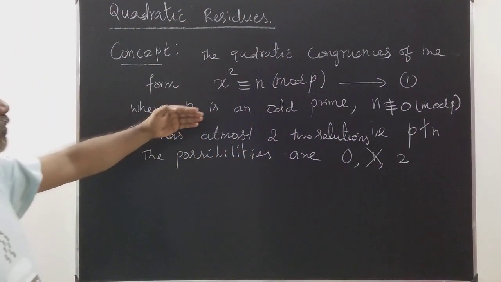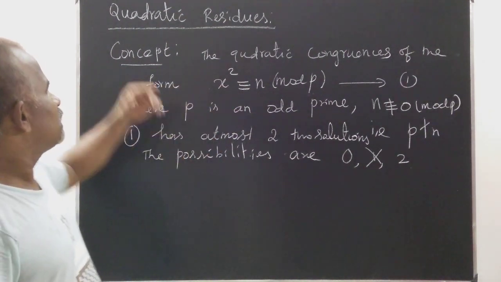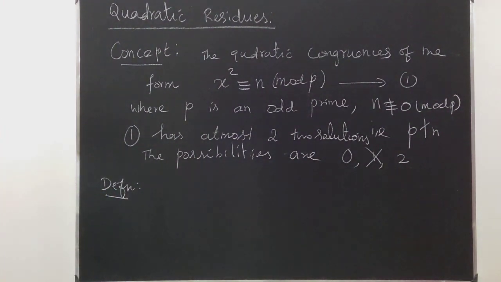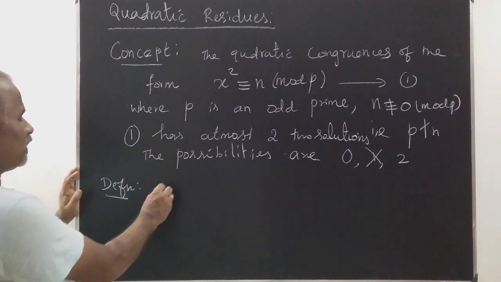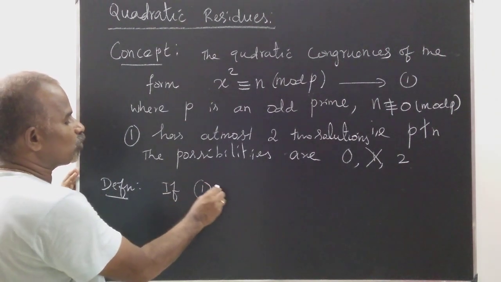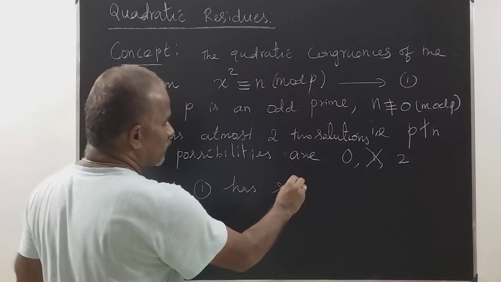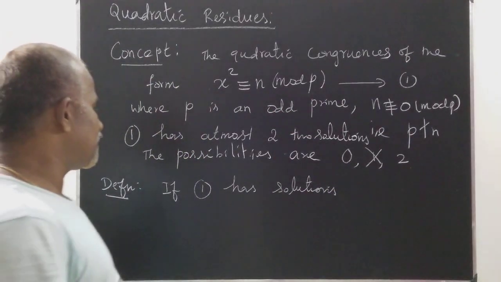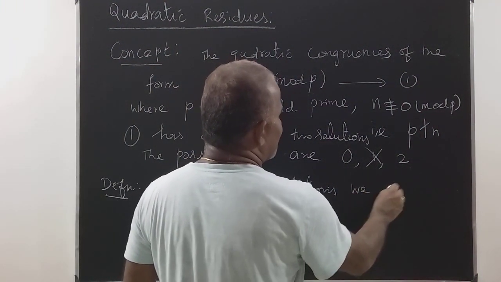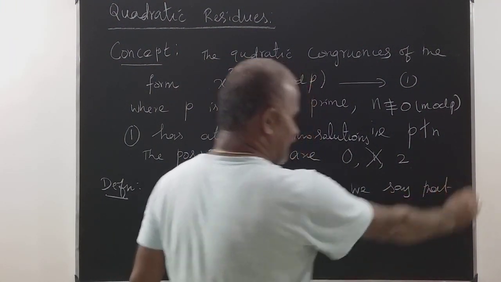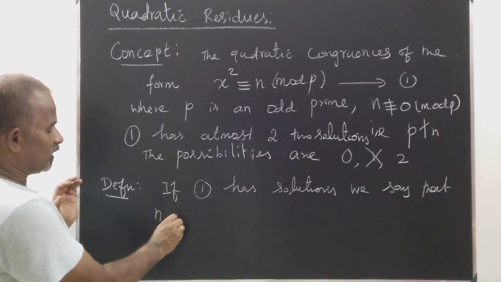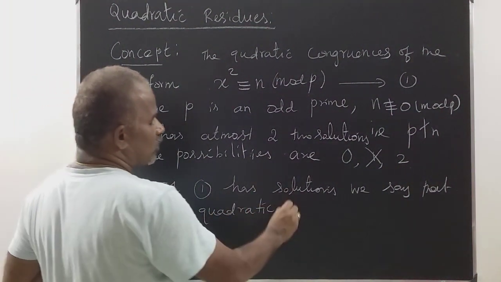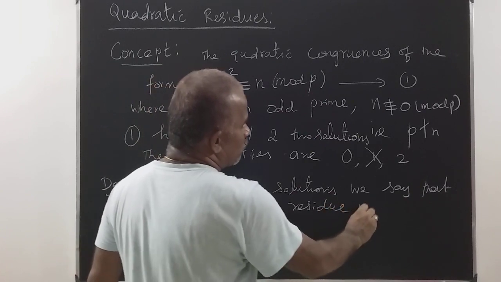Okay, this is the concept. Next, the definition. I am going to give one important definition. If equation 1 has solutions, we say that n is a quadratic residue mod p.